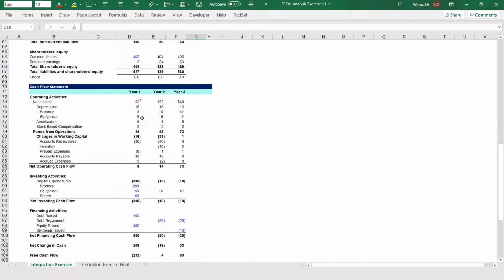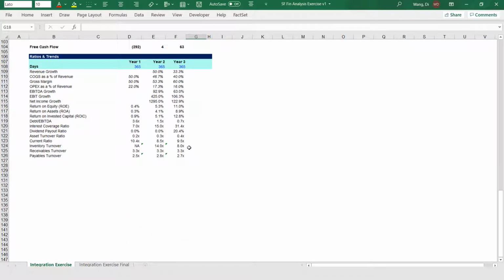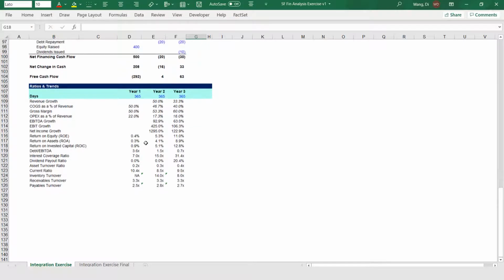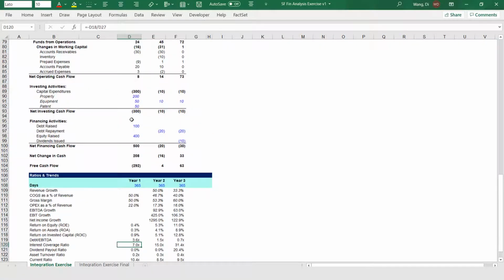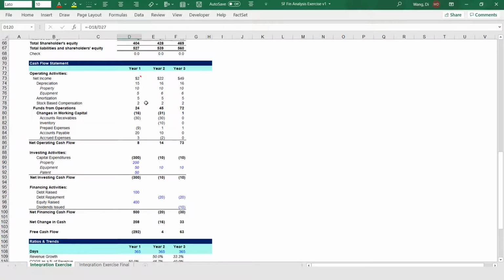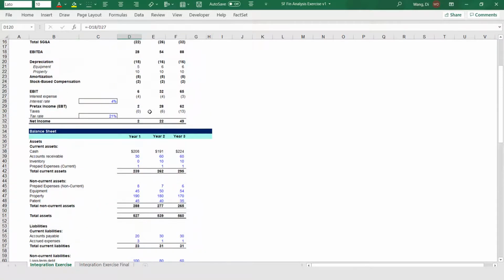So this demonstrates to a creditor that we are more than capable of covering our debts and paying back whatever we owe. Interest coverage ratio is extremely high, even in year 1, as we're actually not paying that much in interest to start off with. So we're only paying, what is it, $4 in interest.